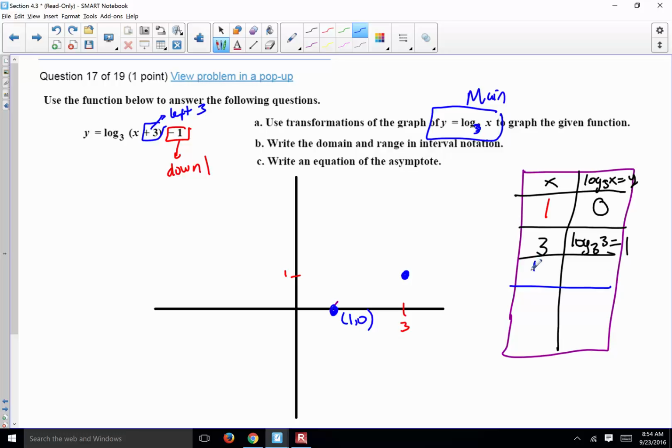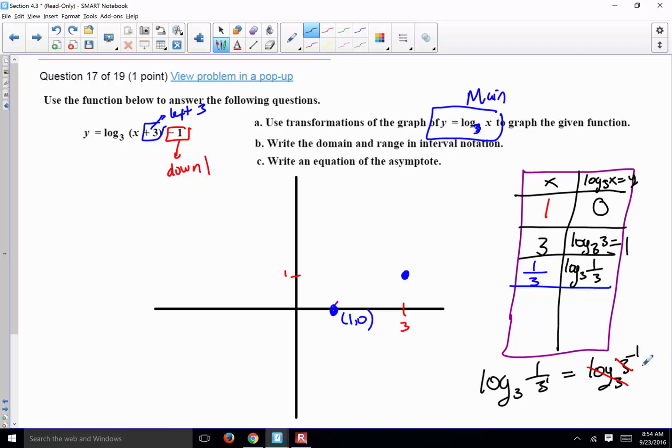How about 1/3? Why did I choose 1/3? What is log base 3 of 1/3? Isn't 1/3 equal to 3 to the negative 1? I chose 1/3 so I can raise 3 to a negative exponent, and these two cancel.